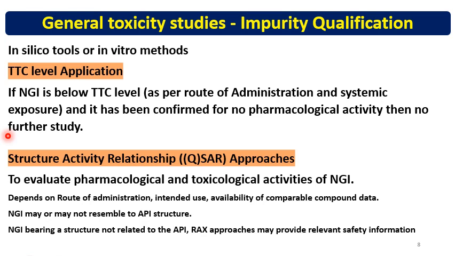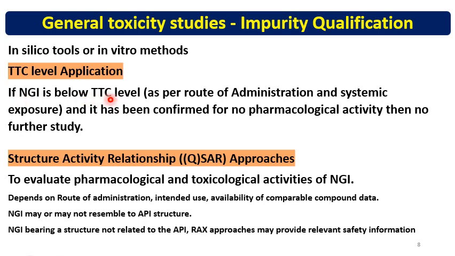And the general toxicity studies are based on different approaches. These are also called in silico tools or in vitro methods. So first is TTC level application. And NGI means non-genotoxic impurity. First of all, you should apply the TTC approach for the impurity.